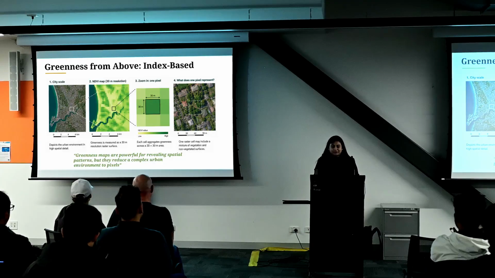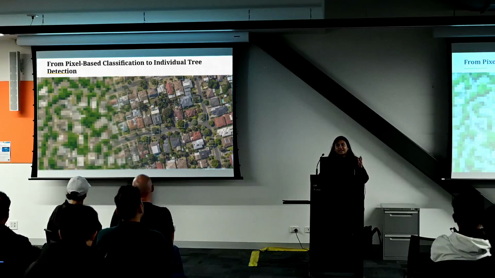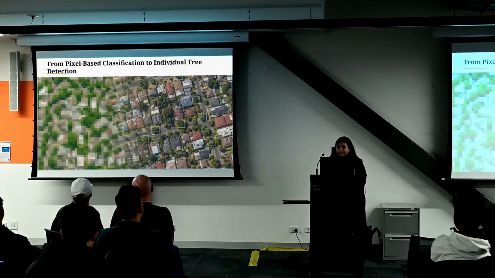So that brings me to my master's research, which moves from pixel-based classification to tree detection. You can automatically see the difference in two images, right? When we use a map, it's pixels. But when we use actual satellite imagery and harness the capabilities of AI, we can actually detect the trees and learn how we can impact the environment.